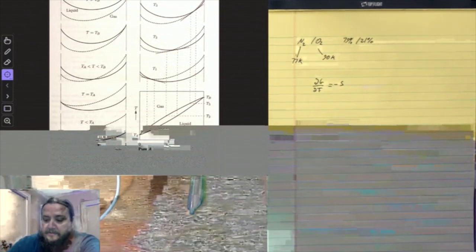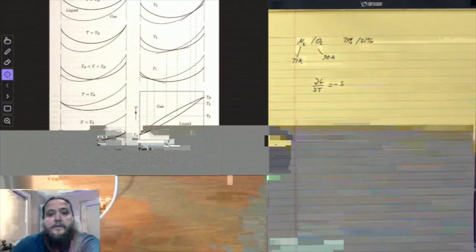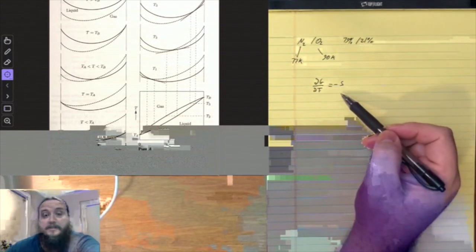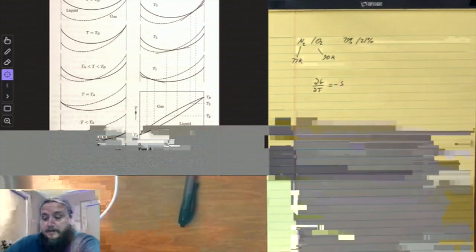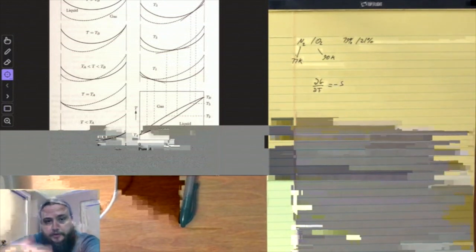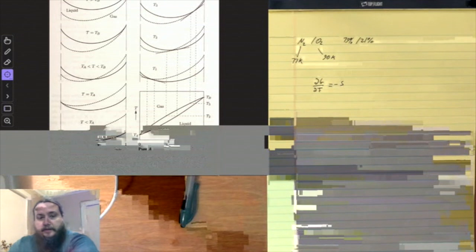And as the temperature drops, again, both of these curves will rise, but the gas will rise faster than the liquid, because the entropy of the gas phase is larger than the entropy of the liquid phase. And so the whole gas curve here will rise faster than the liquid curve will.